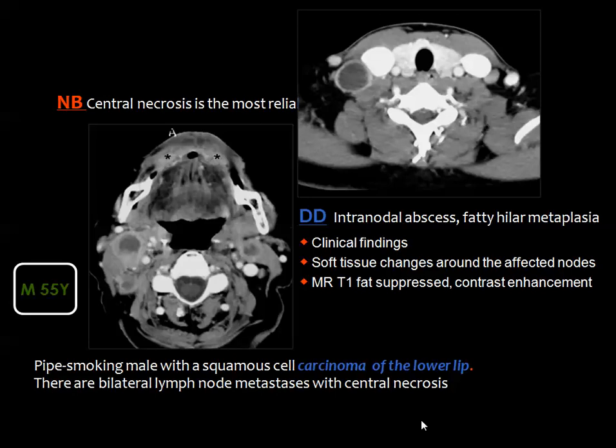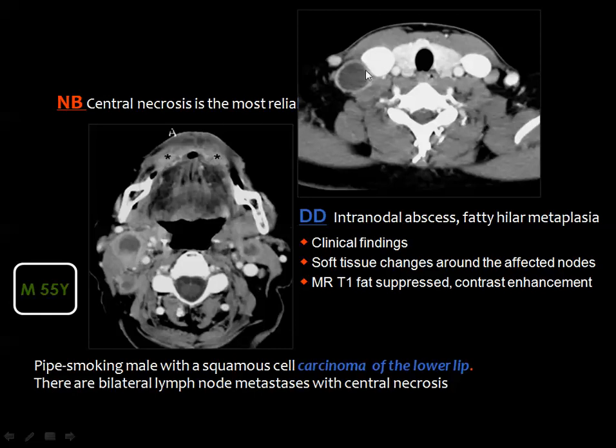If you look at the inflammatory node, then you got a regular inner margin, exactly similar to an abscess anywhere in the body. But the central necrosis in metastatic nodes usually has an irregular inner margin because the necrosis here is not going in a similar way to the necrosis of the inflammatory nodes.